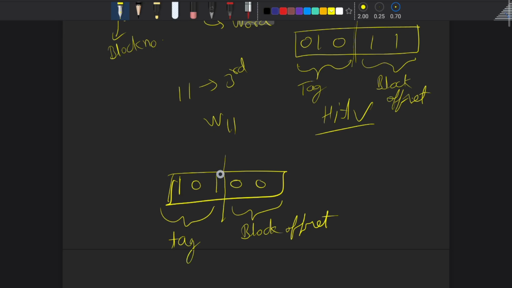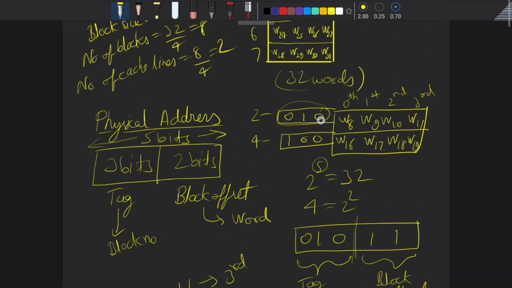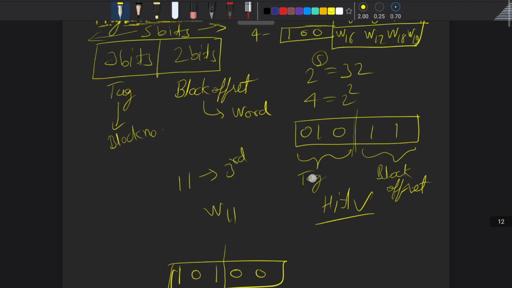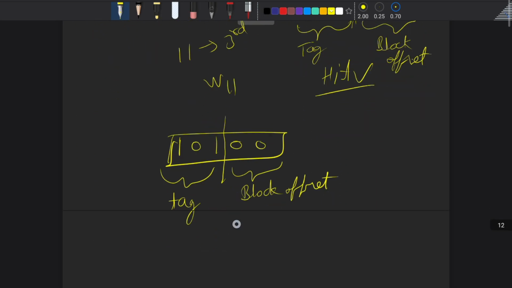Now again the CPU will look for this tag bit in our cache memory, and this time, as you can see, this tag bit, that is 101, is not present in the cache memory. So this will be a miss. It won't be a hit. So you must have understood how the CPU determines in associative mapping whether it is a cache hit or a cache miss.